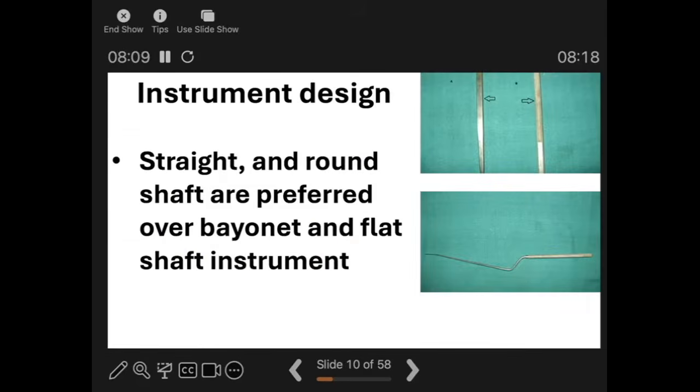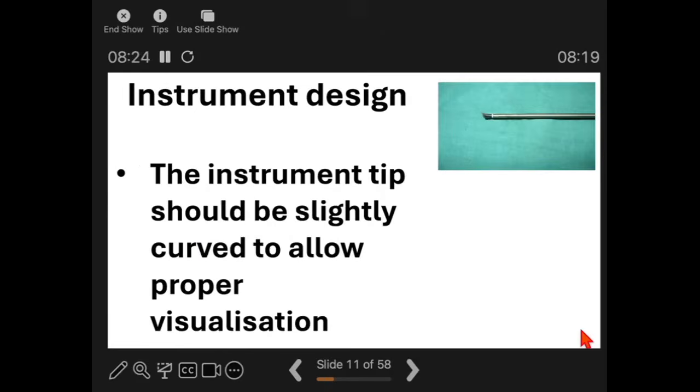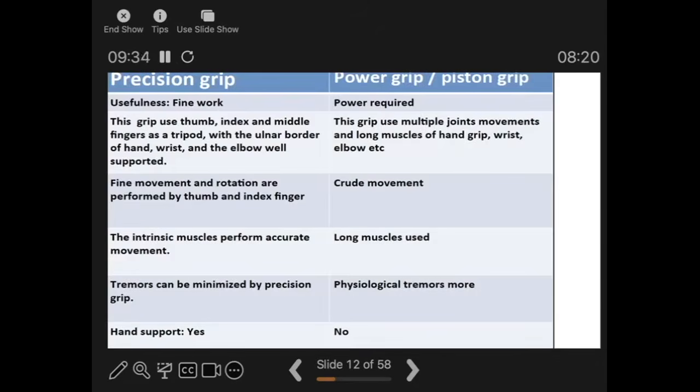Instrument design is important. Straight and round shaft instruments are preferred over bayonet and flat shaft instruments. The instrument tip should be slightly curved, as this provides better visualization compared to straight tip instruments. The precision grip, using a tripod-like grip with thumb, index and middle finger, provides stability, minimizes tremors and allows fine control, making it essential for delicate neuroendoscopic tasks.